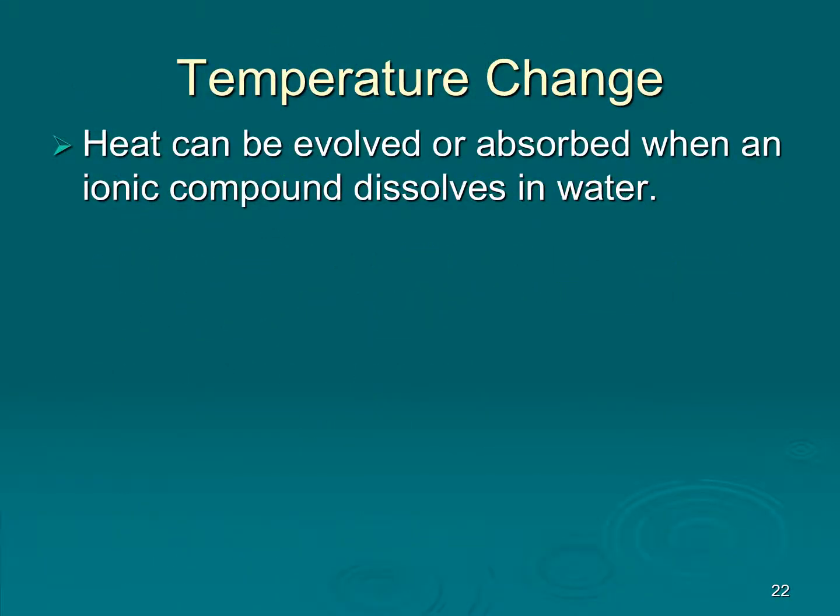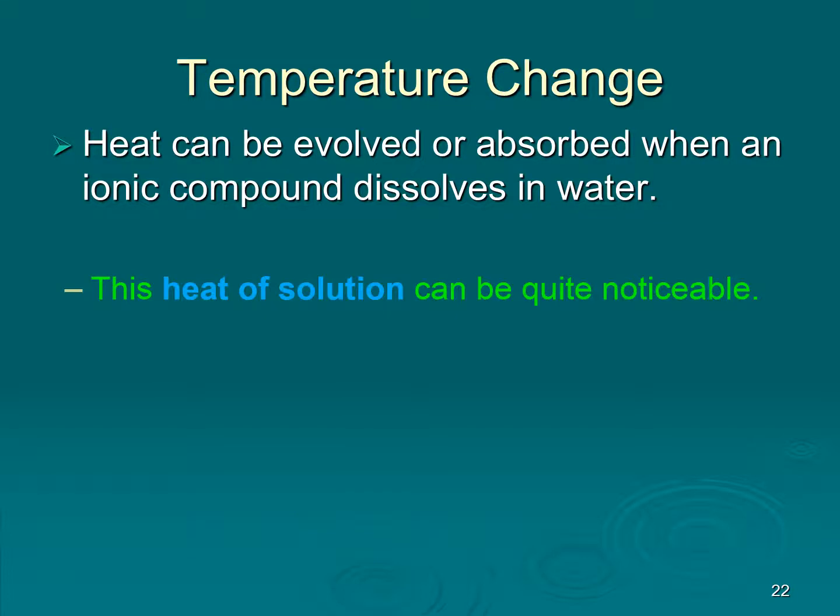All right, you've probably experienced this before: if you dissolve something in water, especially an ionic compound, there is generally a temperature change that is either absorbed or evolved. This is called the heat of solution. So if you add salt to water, what happens?